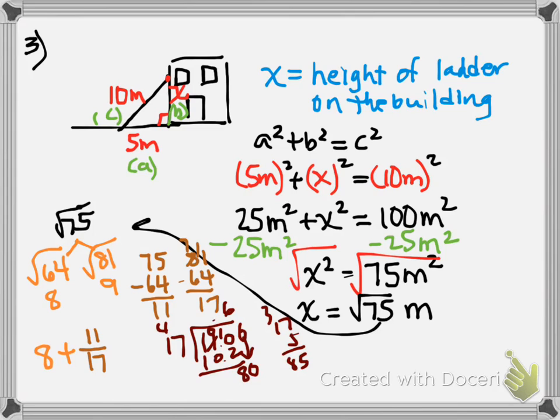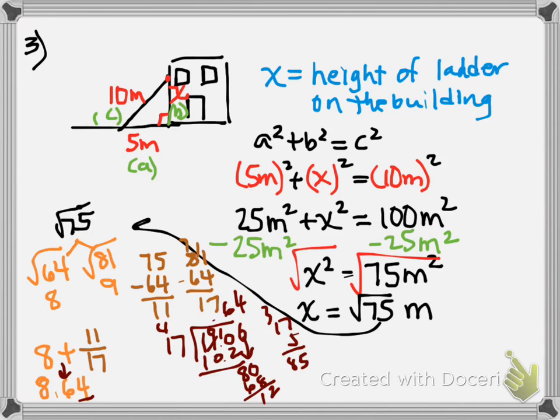Oh, yep, it's got to be 4. So that gives me 68 with a difference of 12. So this is where I stop. And at this point, I'm at 8.64. I'm going to go ahead and take that, and I'm going to round it to the nearest tenth.